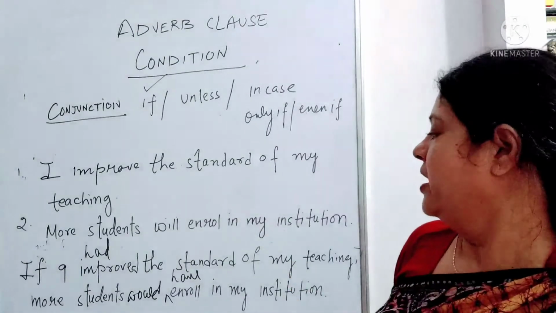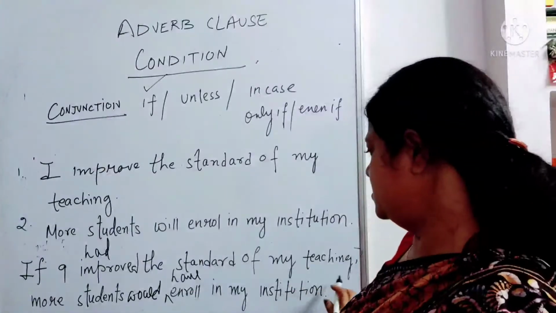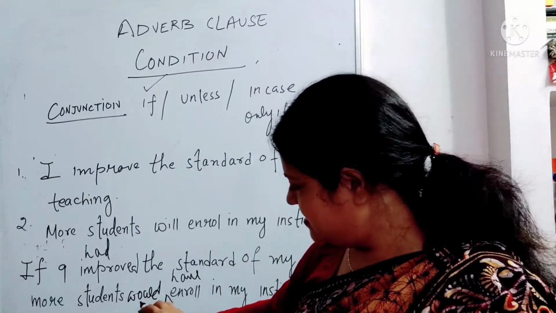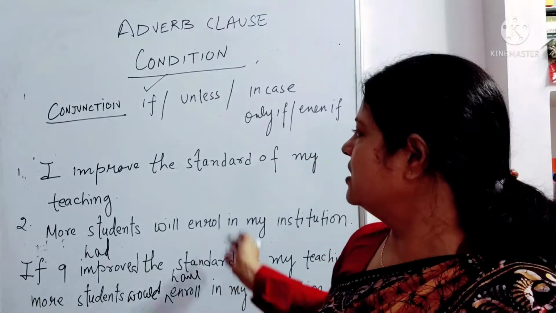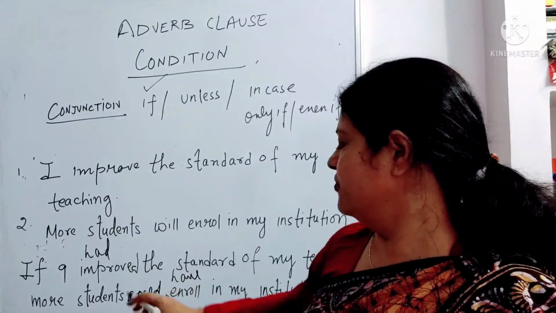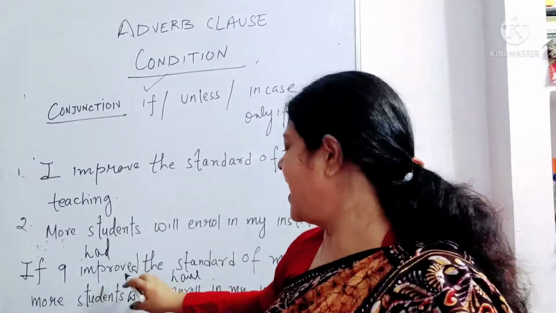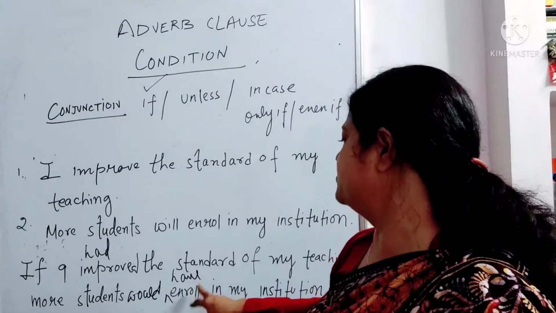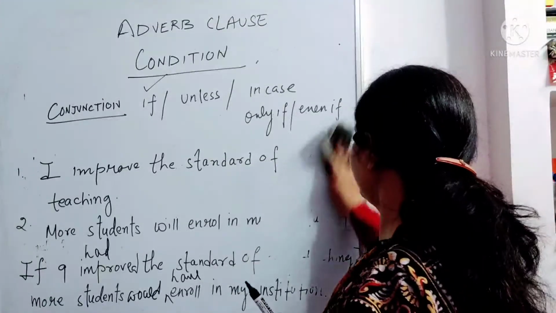So remember, if the principal clause has something like would have, the adverb clause of condition will become past perfect. If I had improved the standard of my teaching, more students would have enrolled in my institution. So it would be like this.